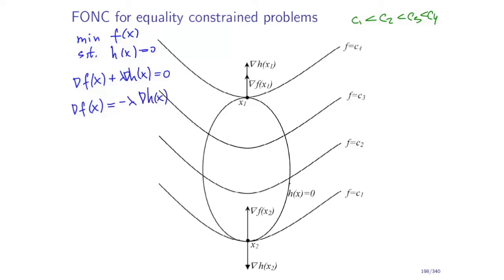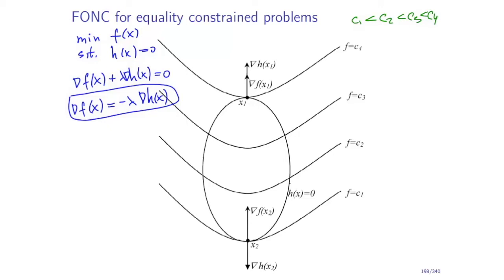This exactly tells us that the 2 gradients are parallel to each other, so they can point in the same direction if lambda is negative, and they'll point in the opposite direction if lambda is positive. But in both cases, they're parallel to each other. So if a point is a minimizer or a maximizer, then they must be parallel to each other. And this is what we observe here.